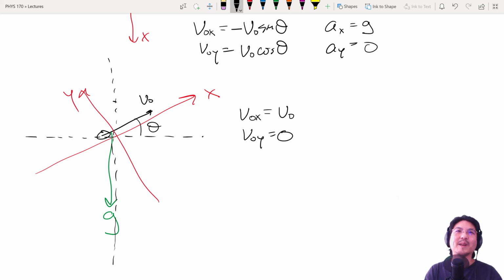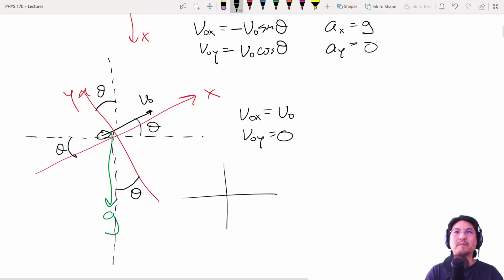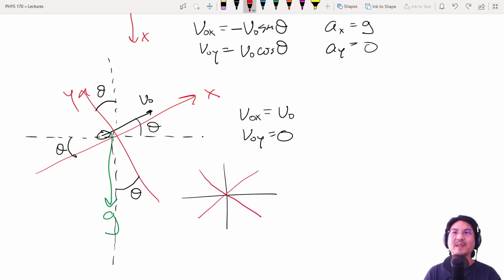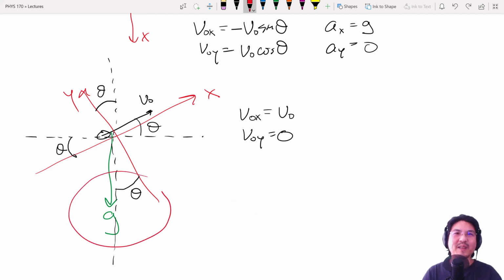You basically take this coordinate system and rotate it counterclockwise to the red coordinate system, this way. So remember that strategy. Now look, we know that the angle is right here.